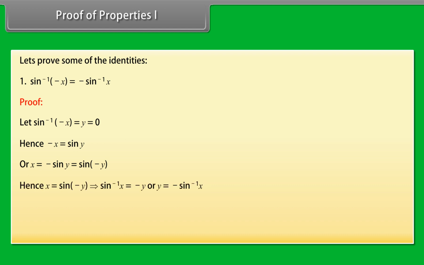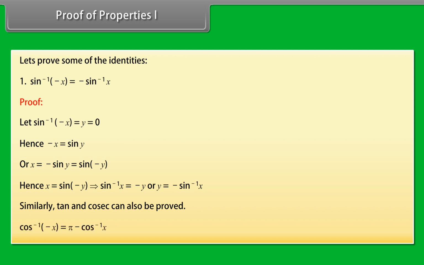Hence, sine inverse x is equal to minus y, or y is equal to minus sine inverse x. Similarly, tan and cosec can also be proved.